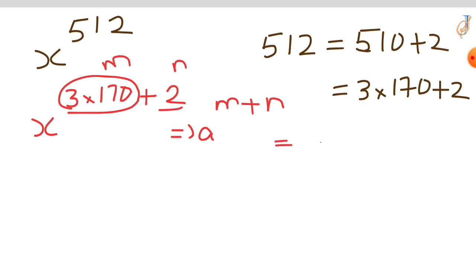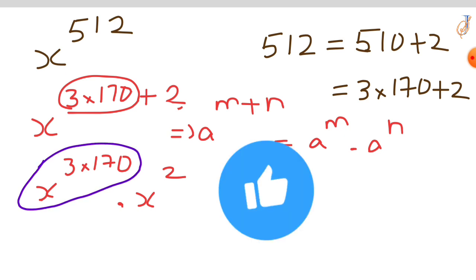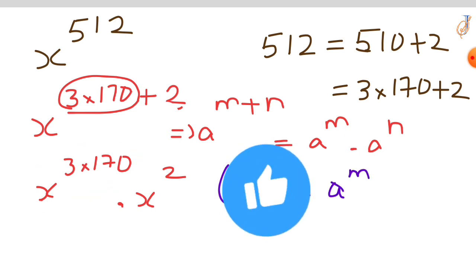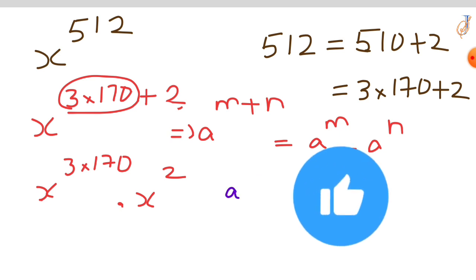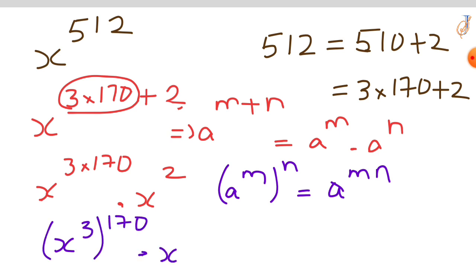We can write this as a power m times a power n. That means x power 3 times 170 times x raised to the power of 2. Now observe only this: it is in the form a power mn, which we can write as a power m whole power n. So that means x power 3 whole power 170 times x power 2.